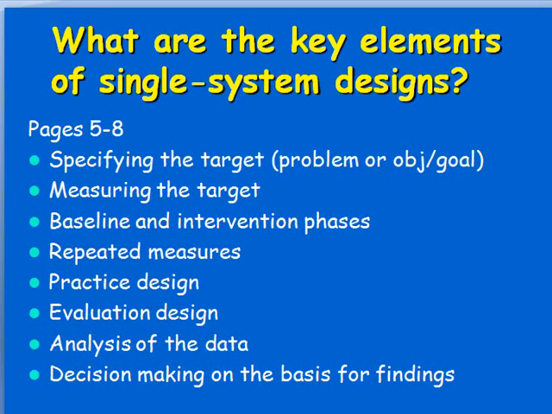And after collecting the data, an important element of single system design is how do we analyze the data. We'll talk about that toward the end of the semester, probably about three-quarters through. And then finally, what do you do with the data? We've talked about the decisions that you can make on the basis of the data, but that's the final element and the most important.